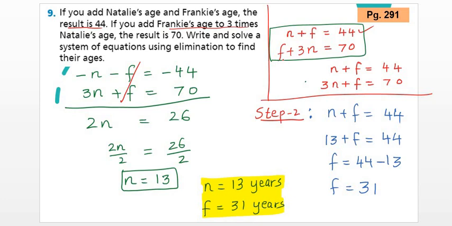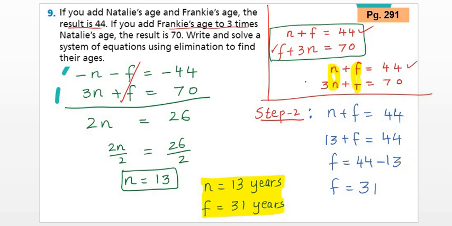I chose f for Frankie's age and the variable n for Natalie's age, so it became f plus 3n equals 70. Now when I compared the variables, they were not aligned above each other. So first I aligned them, n plus f equals 44, and then I changed the places of 3n and f, so 3n plus f equals 70, so that both the variables are aligned above each other, right?